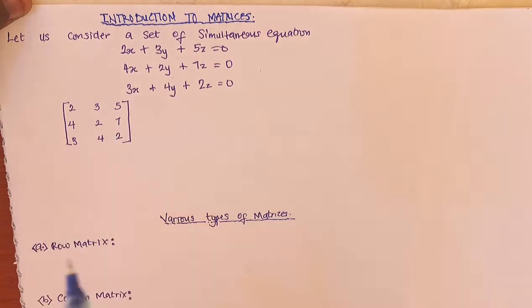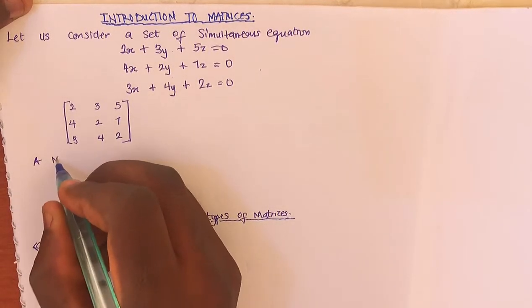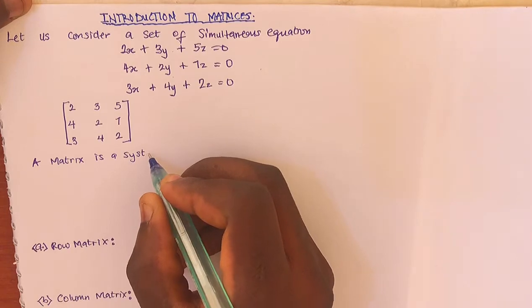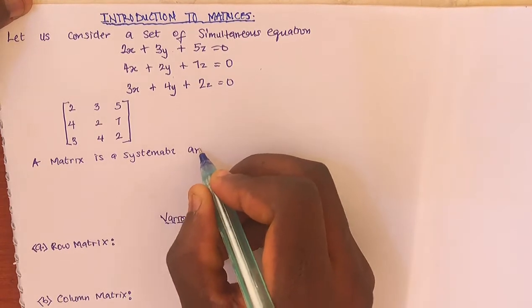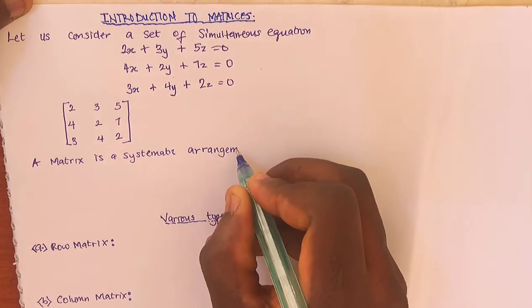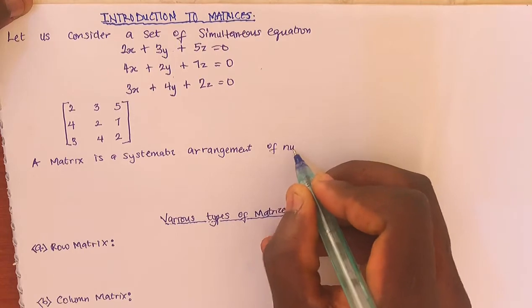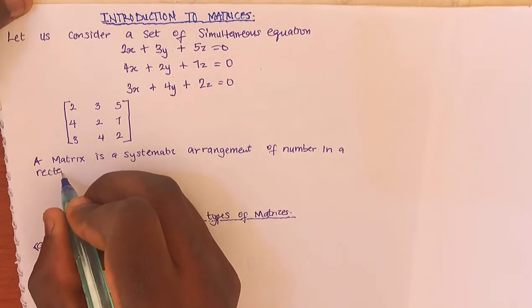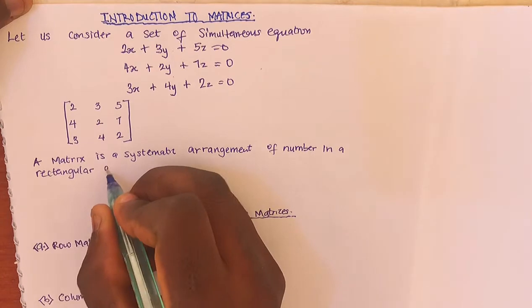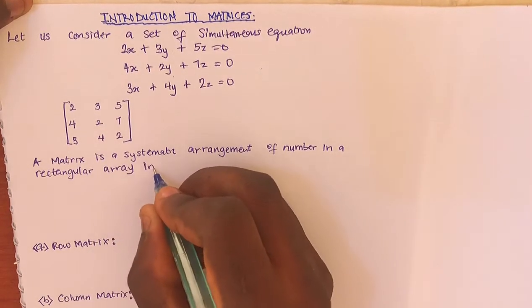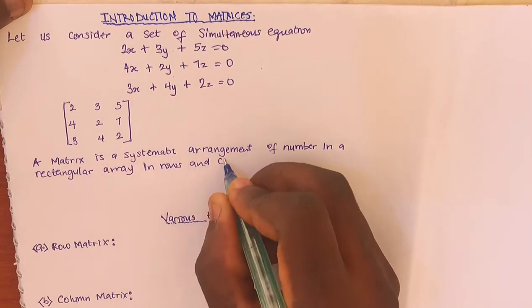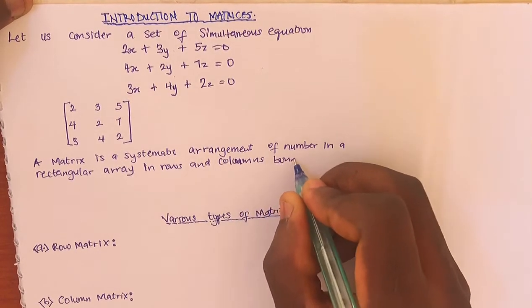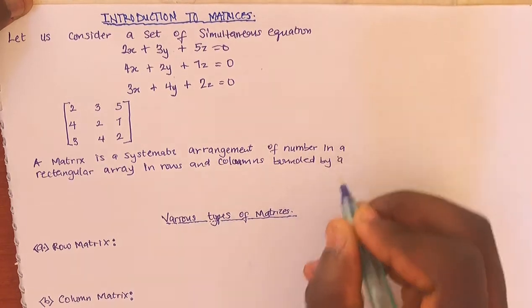So we can now say that a matrix is a systematic arrangement of numbers in a rectangular array, in rows and columns, bounded by a bracket.